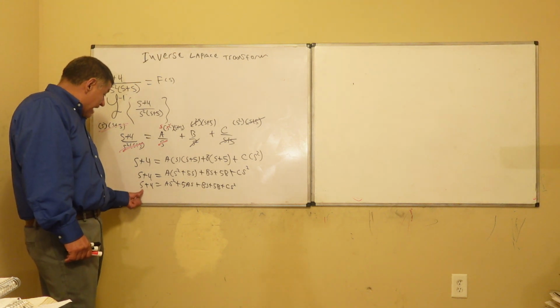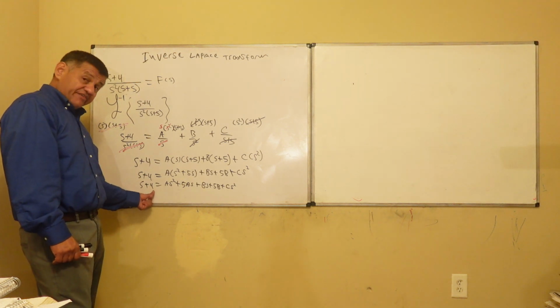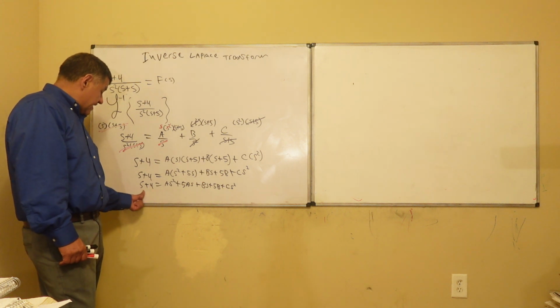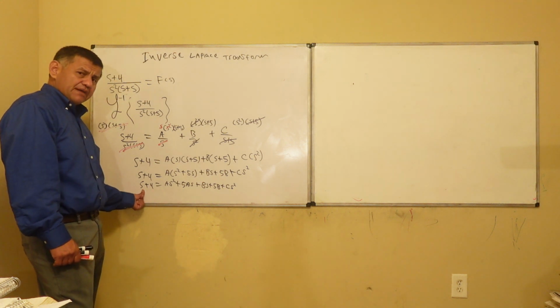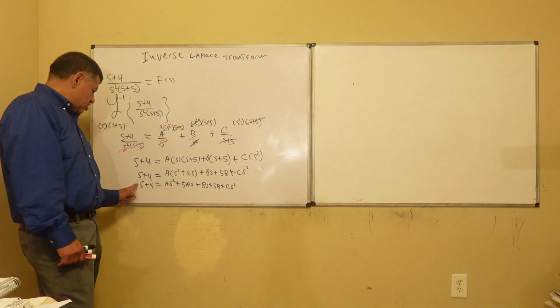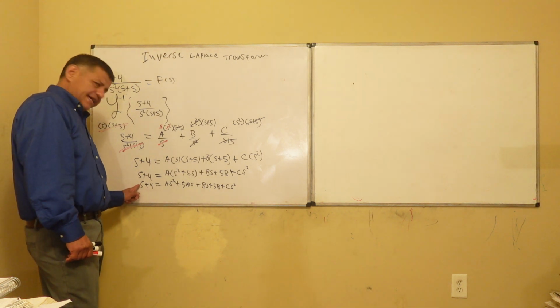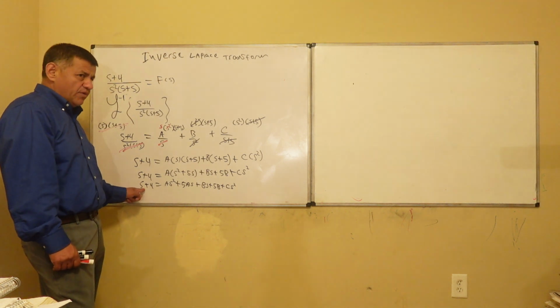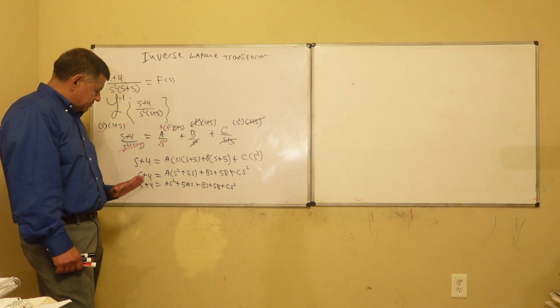On the left, I don't have a squared term, but I have a constant, right? And I also have a linear term. Think about the slope of 1, right? So you have the slope of 1 in front of that s. Okay?